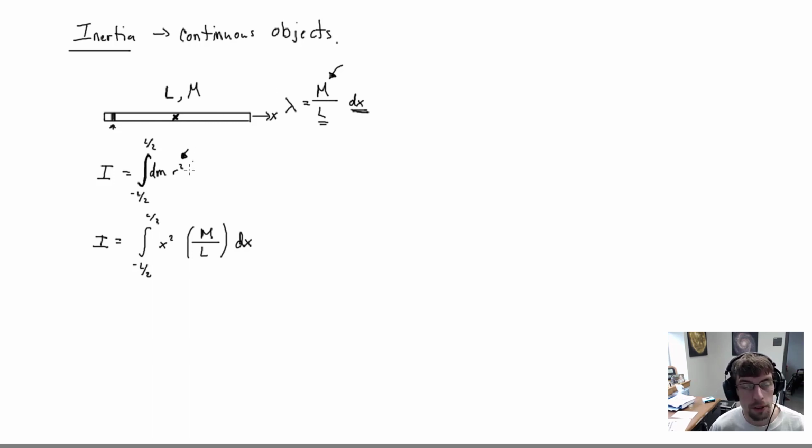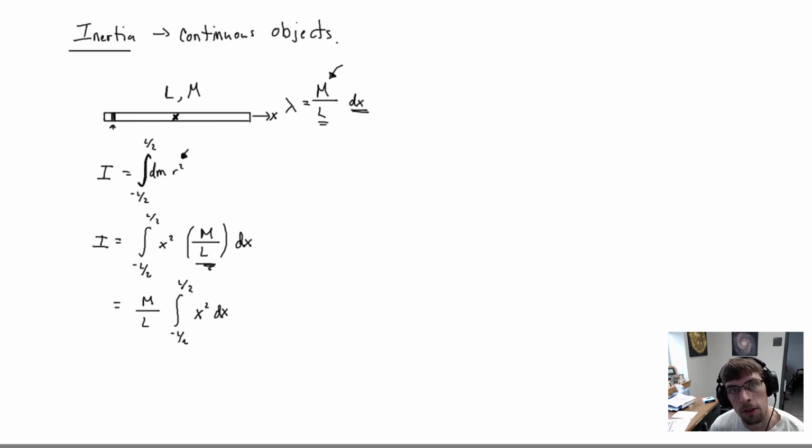And there is the expression that I actually need to integrate. Fortunately, you notice that this is constant, so I can pull that out. And so I get equals m over L, integral from negative L over 2 to positive L over 2, x squared dx.